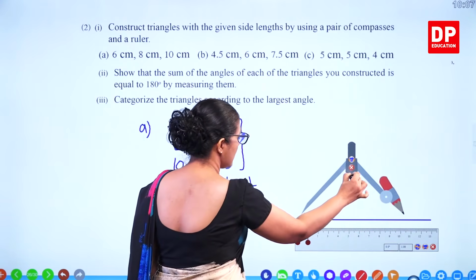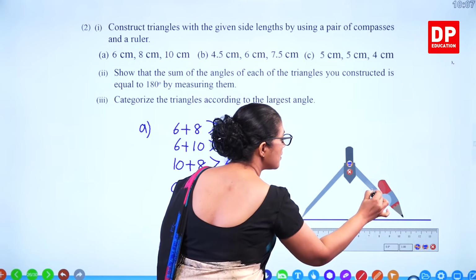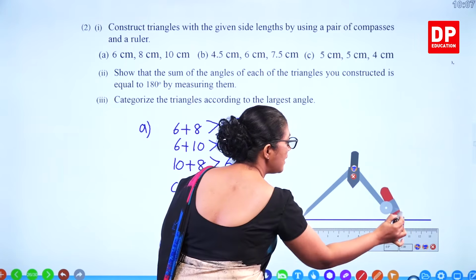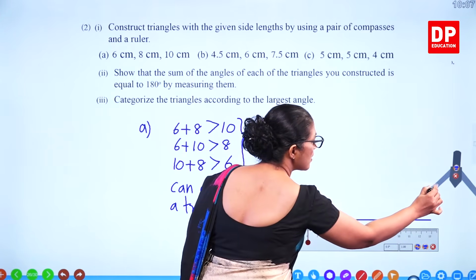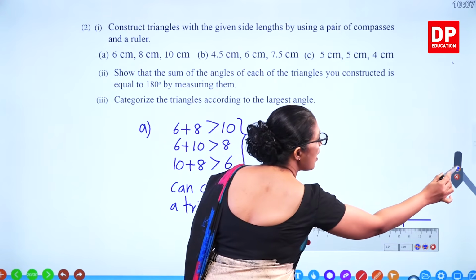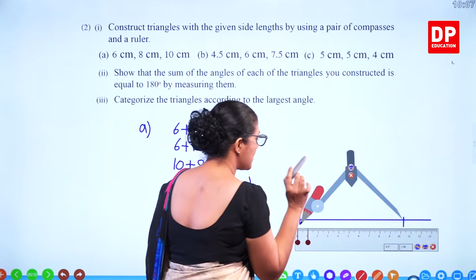You take that length and keep on top of the line and draw the arcs. You need to mark the 2 arcs. So that's 10.